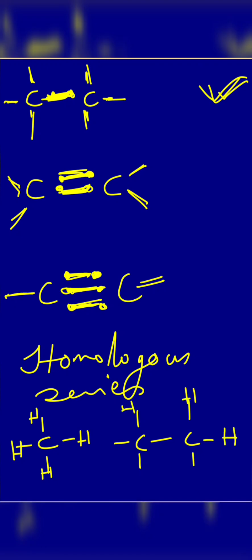The difference you see is one extra carbon than this one, and 2 extra hydrogen. Here it was methane, this one is CH4, this one is C2H6. So it has increased by 1 carbon and 2 hydrogen.